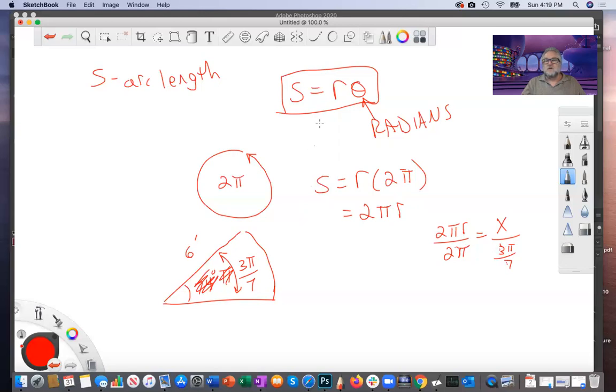But let's use our new friend, the arc length equation. S equals R theta, so S equals 6 times 3 pi over 7. Let's compute 3 pi over 7. Again, I don't know where my pi button is, so I put in 3.14. So this is 6 times 1.35.